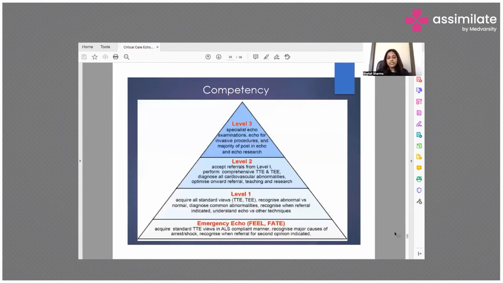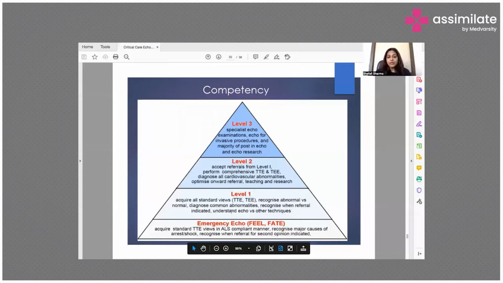If you look at the competency level, anyone who has acquired standard TT views, that is the transthoracic views, in an ALS compliant manner can recognize major causes of arrest or shock and recognize when referral for a second opinion is indicated. So this is the training required for doing an emergency echo in the emergency setting.